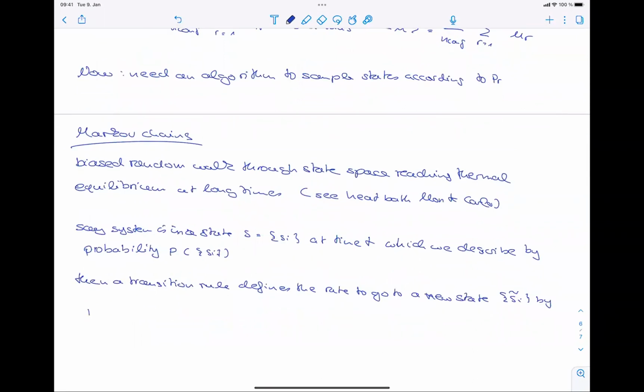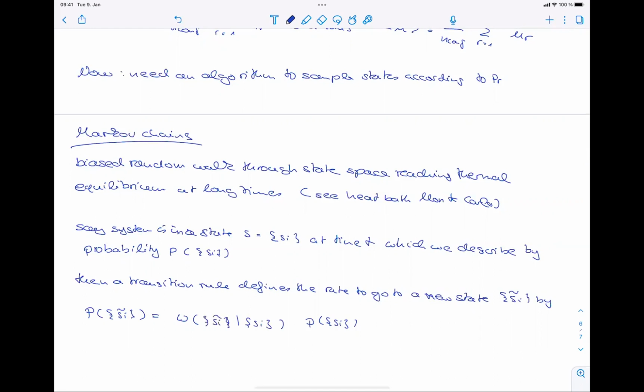The probability to arrive in this new state S tilde is given by the probability to, first of all, have been in my state S, and the transition rate between going from my old state to my new state.